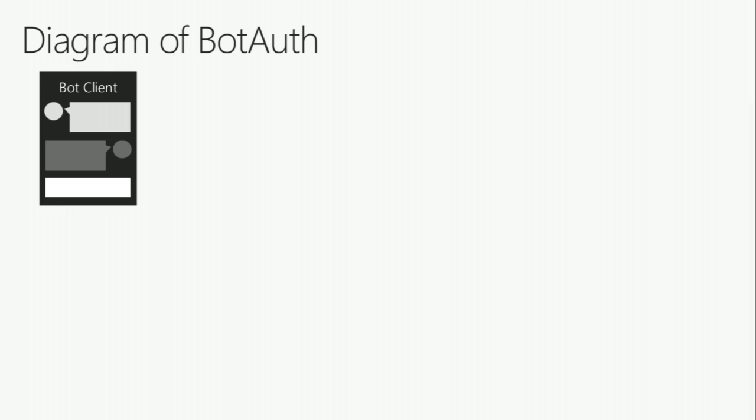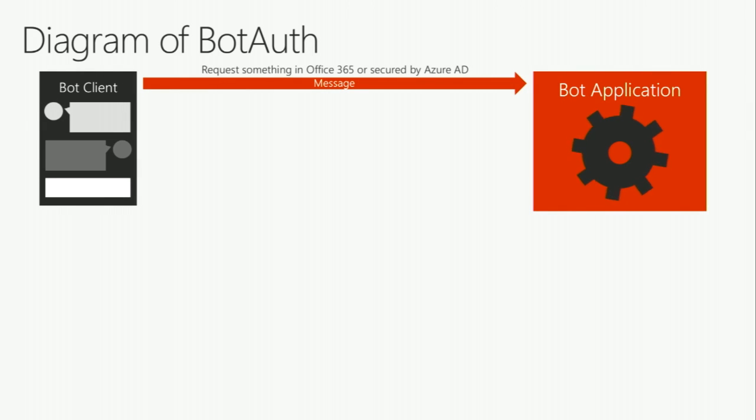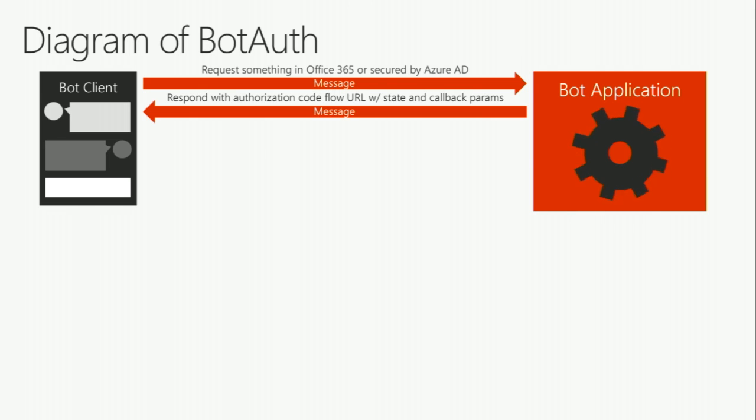So if you have a bot client and it's trying to request something that's secured by Azure Active Directory, first of all, we're going to have to say, hey, we don't have a token for you. We don't have a true identity for you. So we send back a message that says, here's a sign-in URL. One of the really interesting things in that sign-in URL, if you were to dissect it, is that we pass a lot of contextual information encoded in the state parameter.